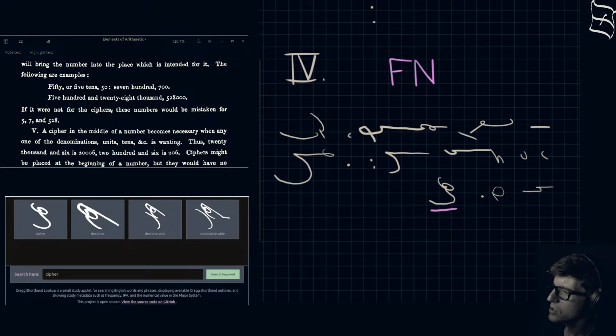A symbol known as a cipher is needed to, which means nothing. So we'll change this back and go to a comma. A symbol known as a cipher which has no inherent value.